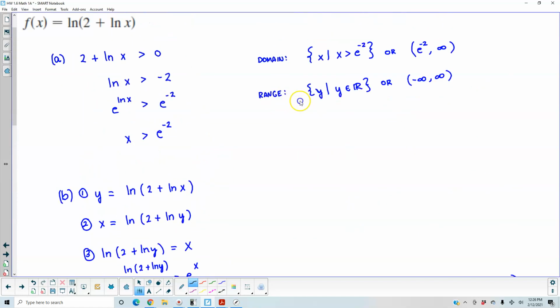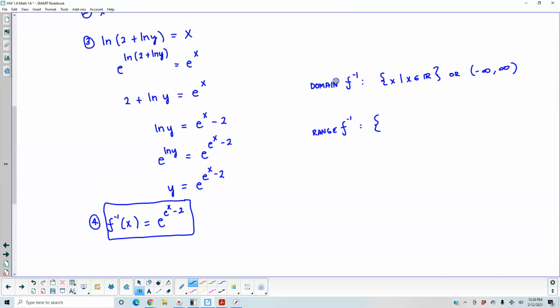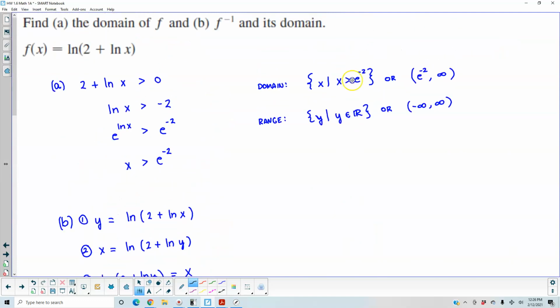Okay? And so what would the range then be? Well, the range is going to be the domain of that function. So the range of f inverse would then be the following. It would be what we have up here.